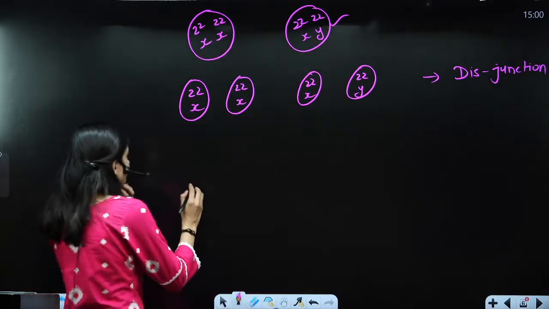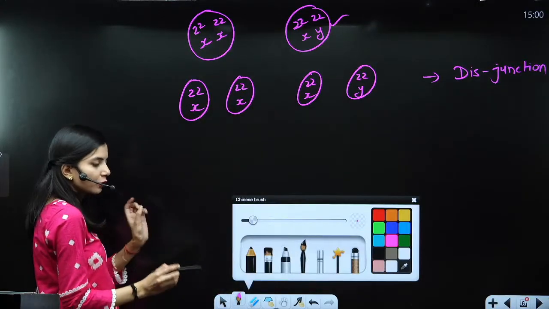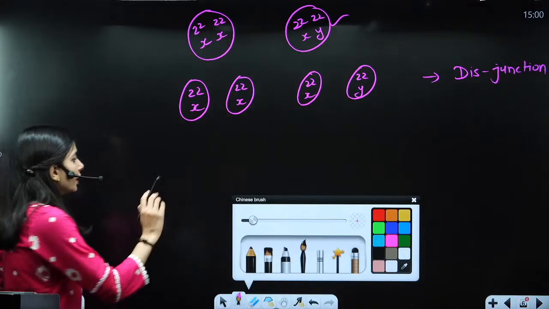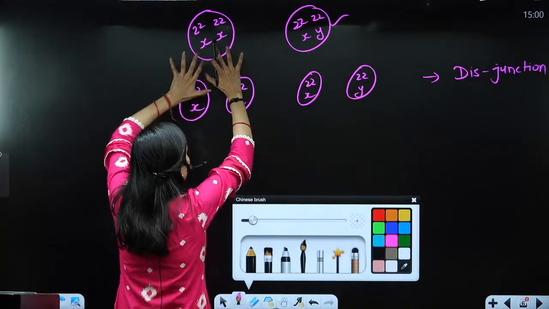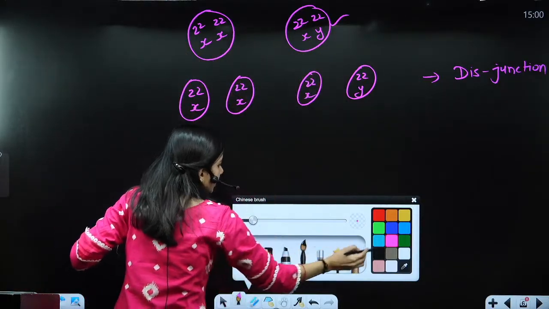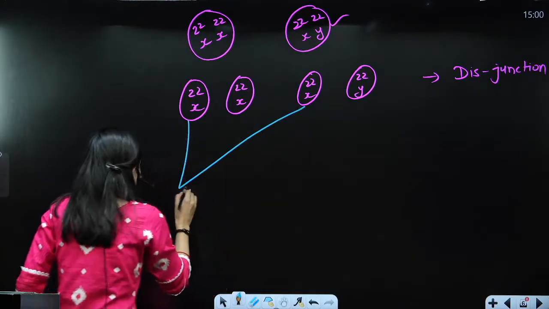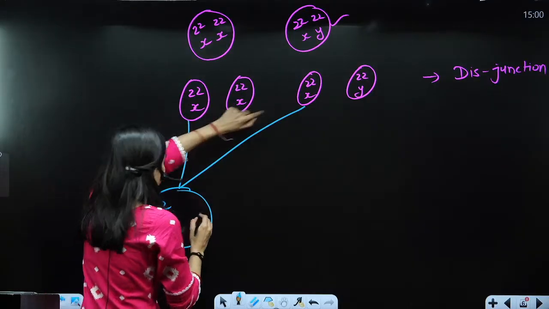Okay, now what would happen? Here I am going to use a different color pen so that you will get clarity. The formation is going to be like this: this is from the side of the mother, this is from the side of the father. Okay, so what would happen? This one and this one, 22x, 22x.